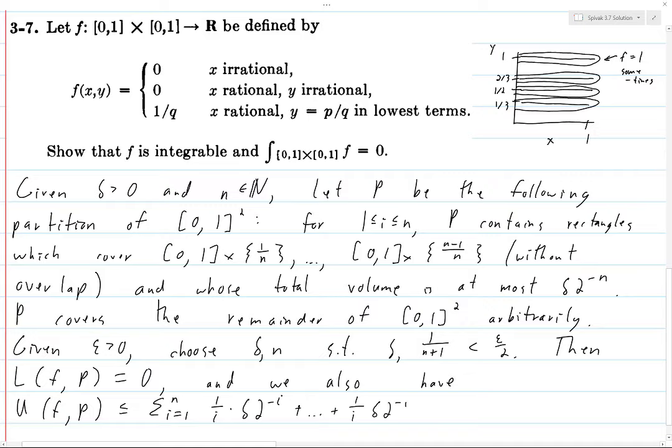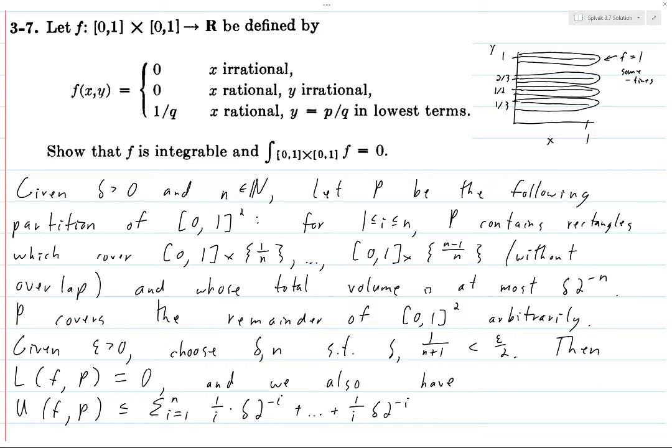And this sum is the thing that I didn't actually consider. So we have to sum these up, because for each i, oh no, the total volume is at most this thing. So we can sort of consider all of these at once.